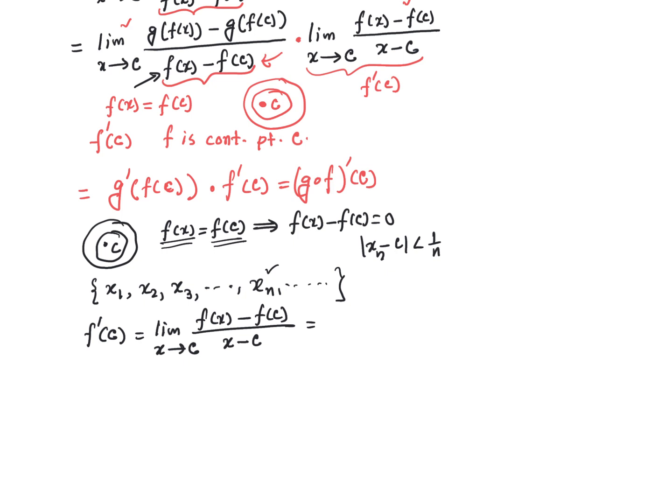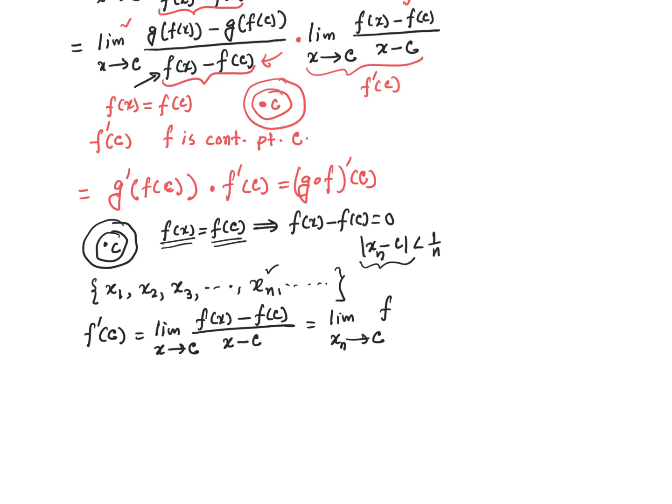The absolute value of x sub n minus C is less than 1 over n. And as n gets bigger and bigger, we can shrink this. So we could say limit x approaching C is the same as xn approaching C. No problem at all. It's a sequence. x approaches C, it could approach C using any number of sequences, literally infinitely many different sequences. Doesn't matter.